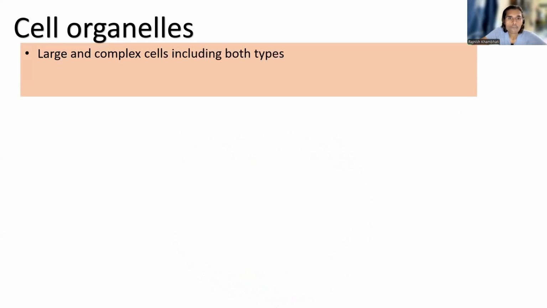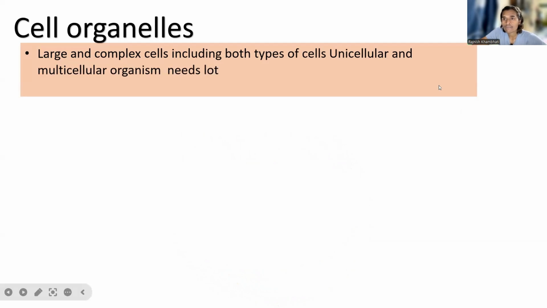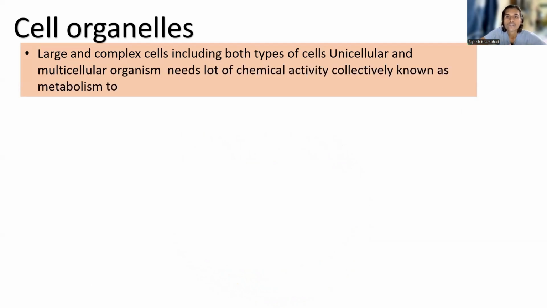Large and complex cells include both types of cells, unicellular and multicellular organisms, and they need a lot of chemical activity, collectively known as metabolism, to keep their complicated structure functioning. If you do not understand this, I will again explain it.